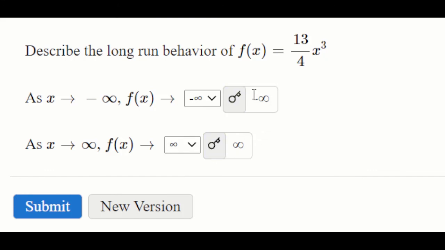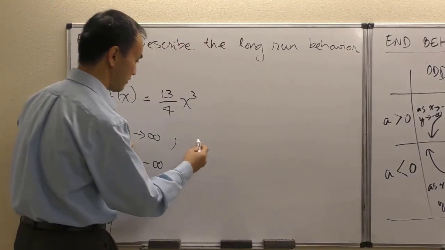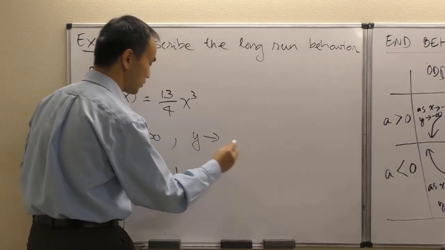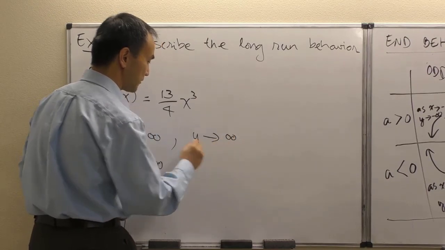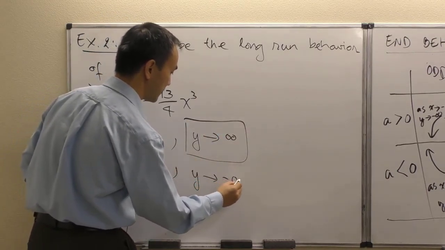If you are using an actual student version, you won't see this, because that's the whole point of practicing. Instead, you will hit the submit button if you are using the same software. So now the answer is written as follows: y goes to positive infinity on the right, and y goes to negative infinity on the left.